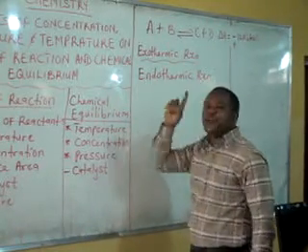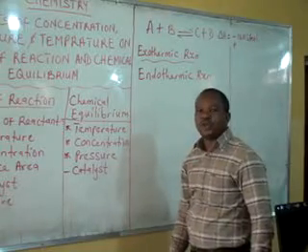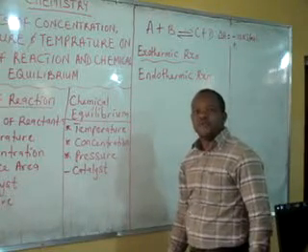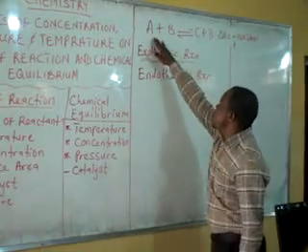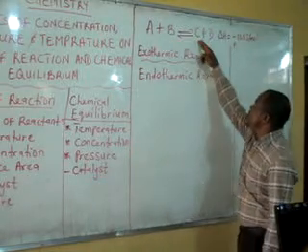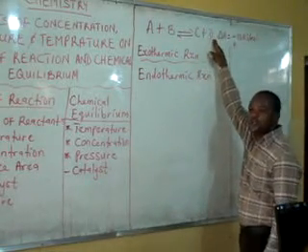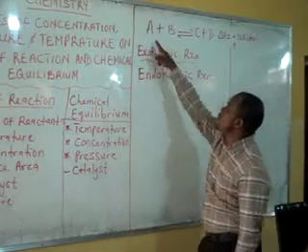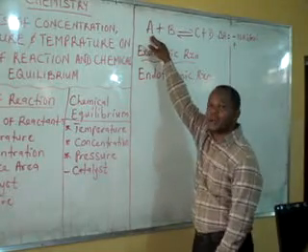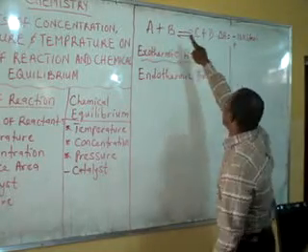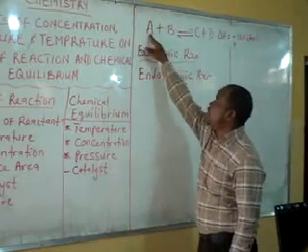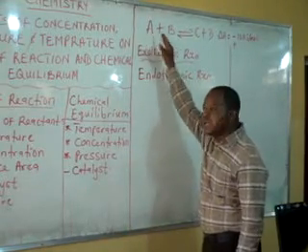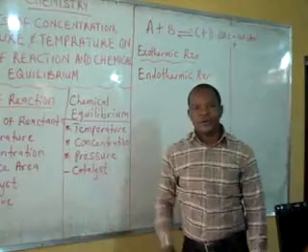But if you reduce the concentration, then it will favor the backward reaction. So if you look at it, A plus B gives C plus D. If I increase the concentration of A, it favors the forward reaction. If I reduce the concentration of A, then it will favor the backward reaction.